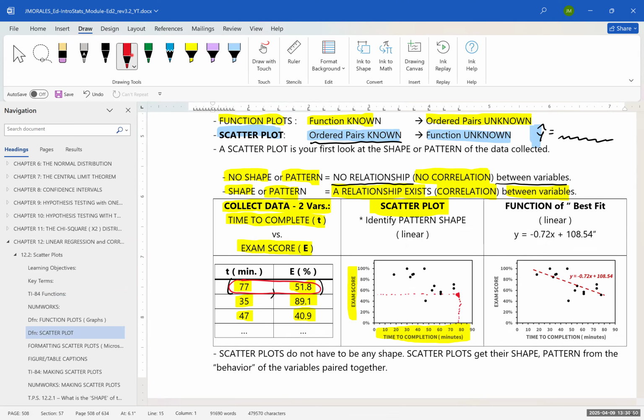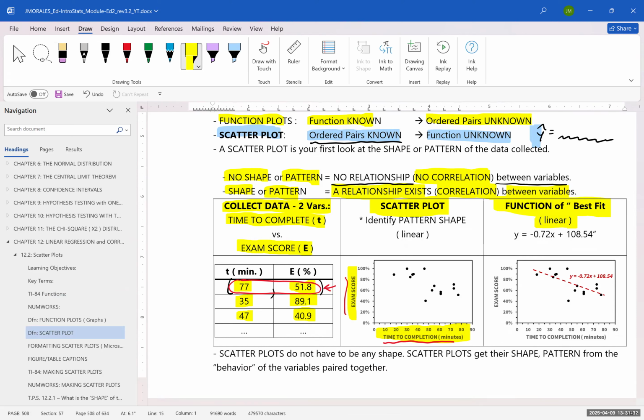So that data point on our scatter plot is represented by this student's time and exam score. And so you see we've got an entire class represented here. And this is the shape or pattern for students in a class and their time to complete an exam versus their exam score. And from these ordered pairs, we can find a function that's a best fit.